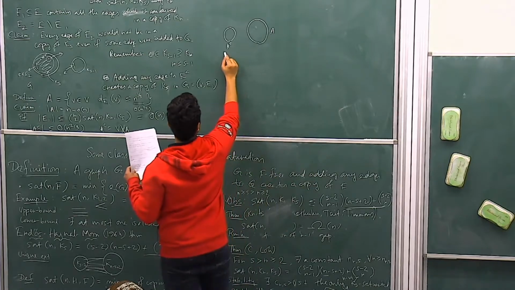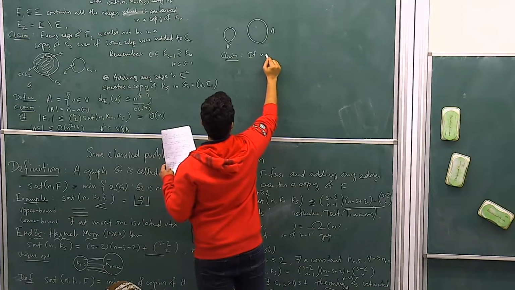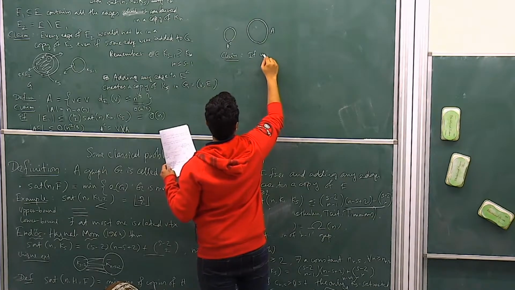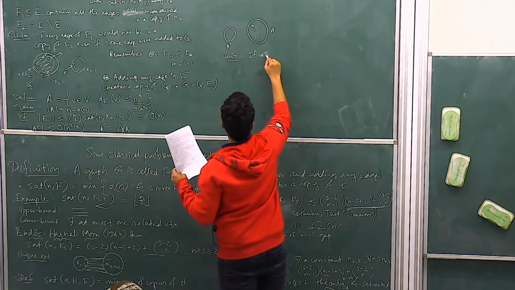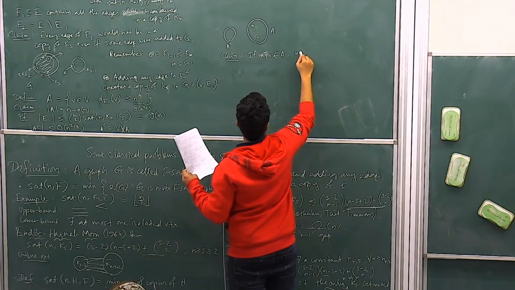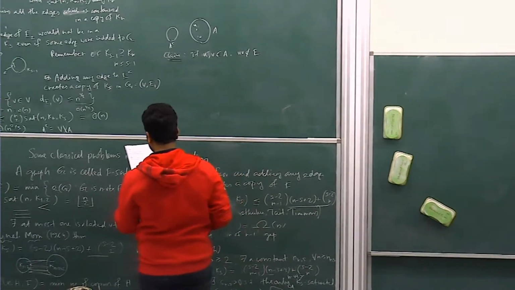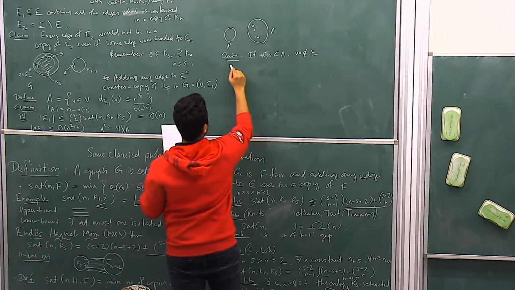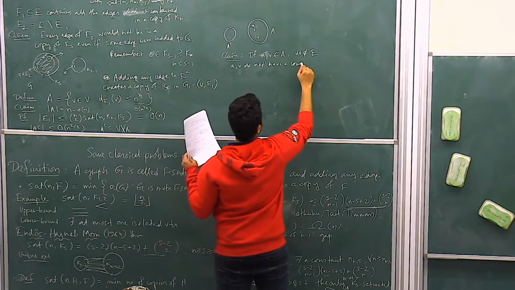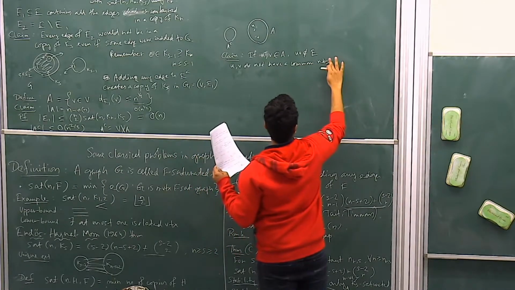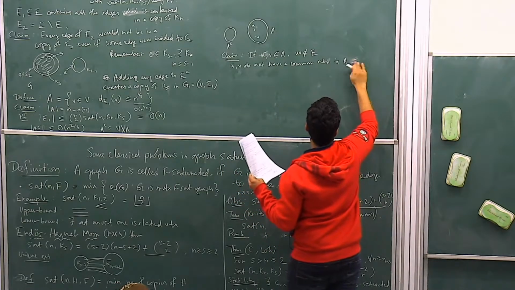Okay, now imagine the following scenario. Let's just write it as a claim again. If UV, which are two vertices here, let's say UV belongs to A, UV is not in the edge set E of G, and UV do not have a common neighbor in capital A with respect to, so let's say in graph G1.